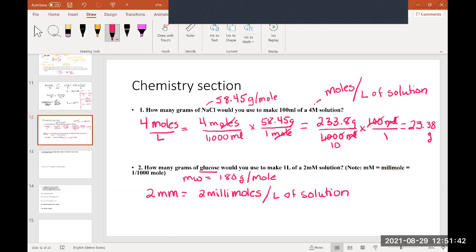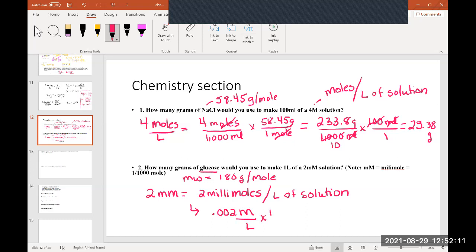What's another way I can write that? I should convert it to just moles. Well, what are 2 millimoles in moles? Again, I can use my King Henry slider, and I move my decimal place 3 places to the left. So 2 millimoles now equals 0.002 moles per liter of solution.